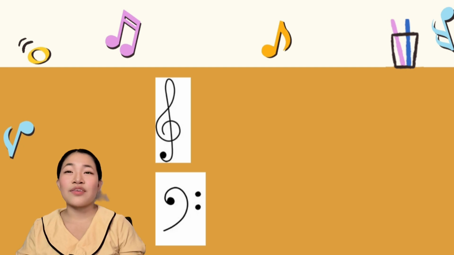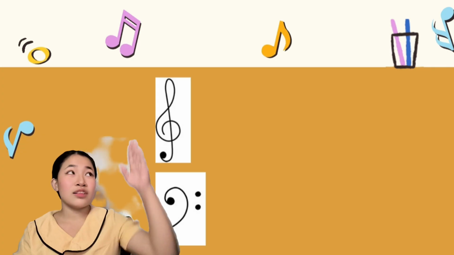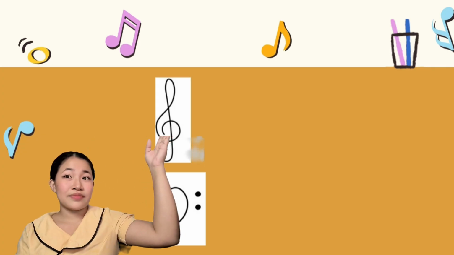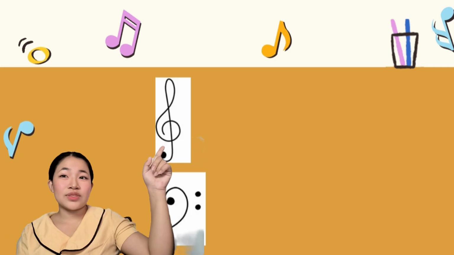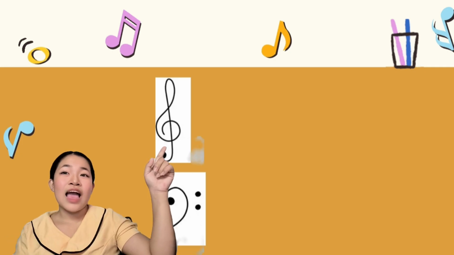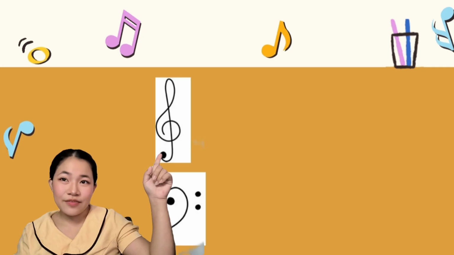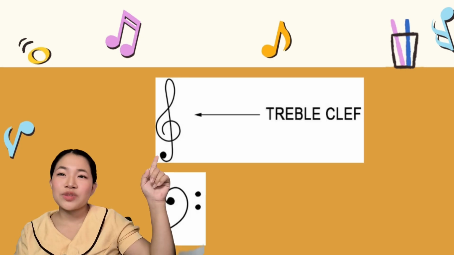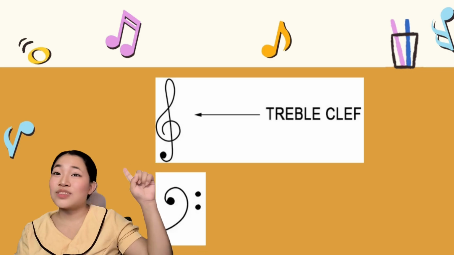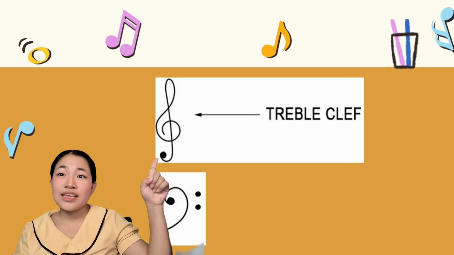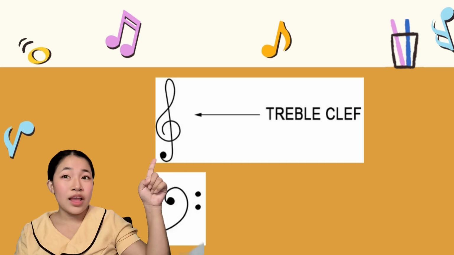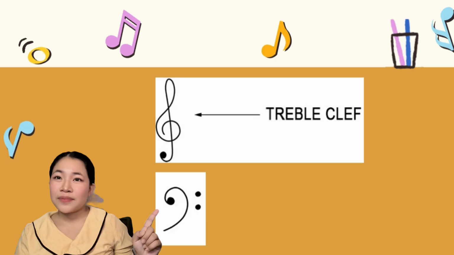So these 2 are the common clefs. The first one is what you call G clef or treble clef. Again, this one is G clef or treble clef. What about this one?